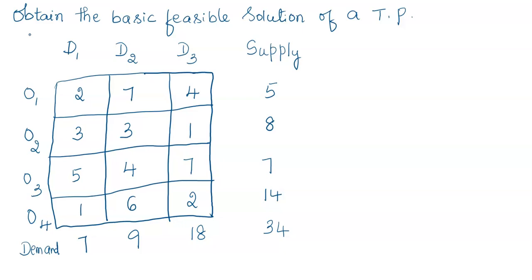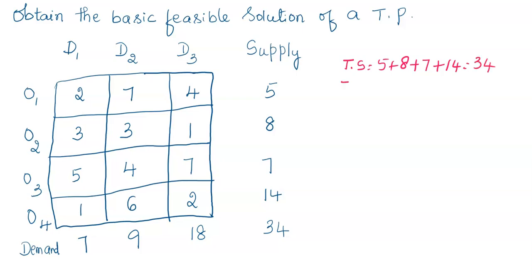In this, we have to focus on whether the given transportation problem is balanced or unbalanced. How to check the balance or unbalance? We have to add the total supply. So total supply is equal to 5 plus 8 plus 7 plus 14, which is equal to 34.